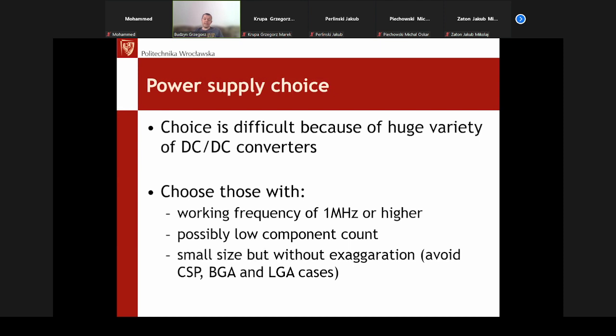So my idea is to search for something simple, with a smaller component count, and fewer problems in the future.